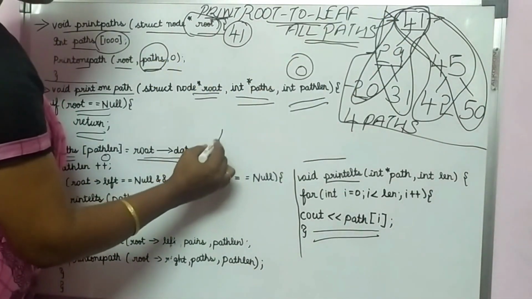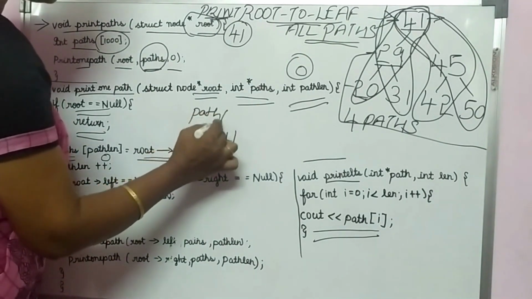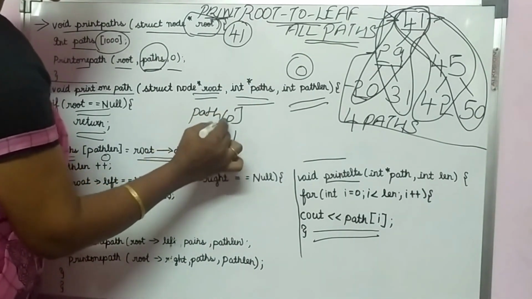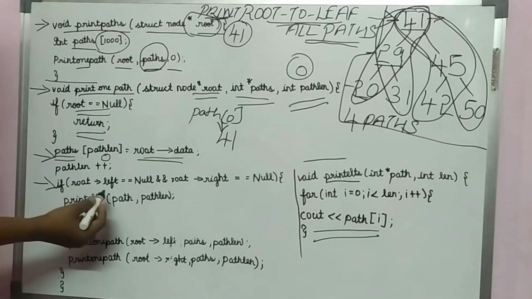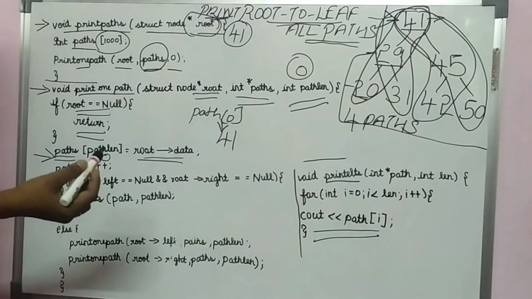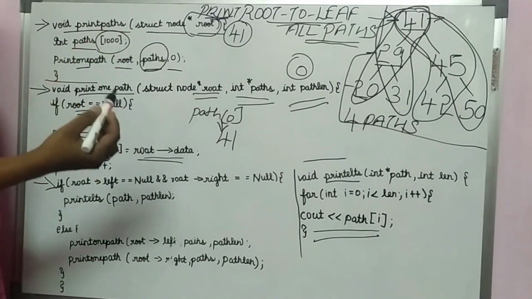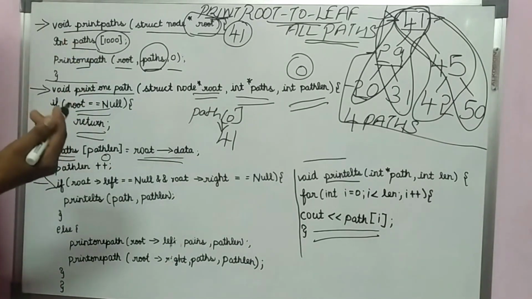It is 41. So 41 will get stored in the location paths of 0, inside the first space of this array. Then we move further. We check whether root of left is equal to null and root of right is equal to null, because to print all the values that exist in a path, we want to trace and navigate the path till it reaches the leaf node.